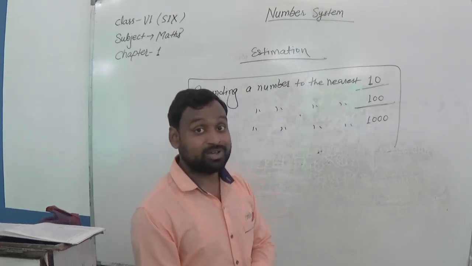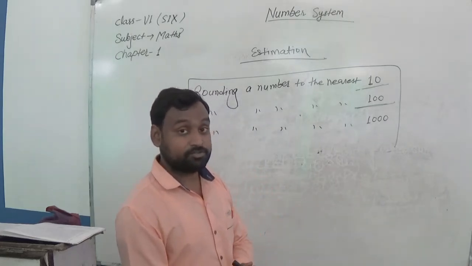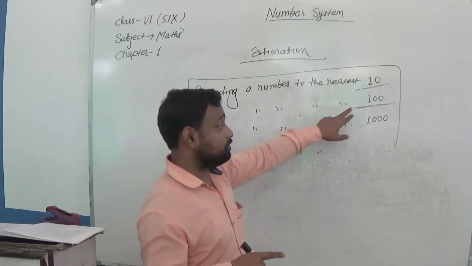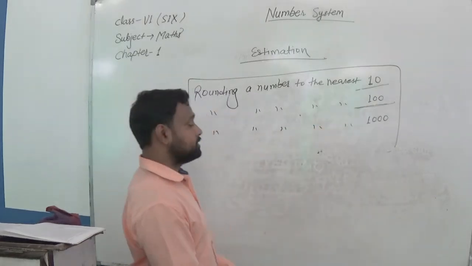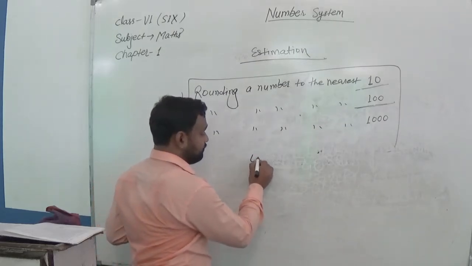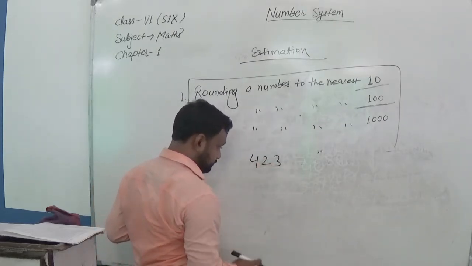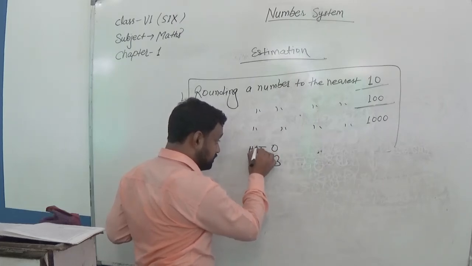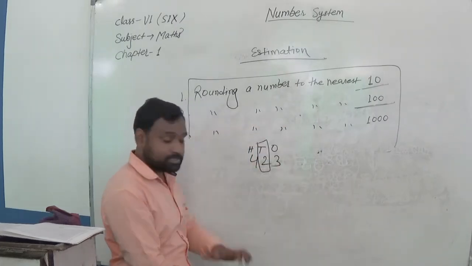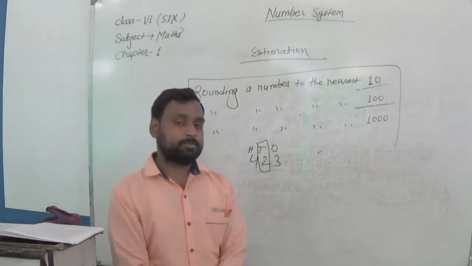We focus on the ones digit, at the place of ones. Now, to round off to the nearest 100, we have to focus on 4, 2, 3, the digit at the tens place.